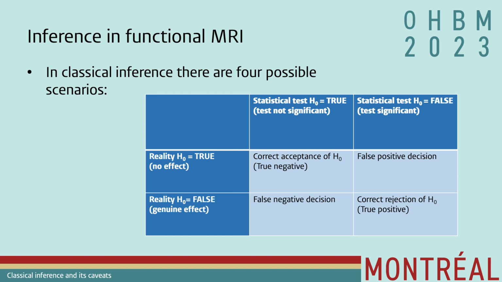We have no power to detect the real activation. There could also be the case that our statistical test says that there is an effect, while in reality there is no effect. This is what we call a false positive decision. It means that we decide that our voxel is active, that there is a difference between the groups, while in reality there is none. And this last one, the false positive decisions, these are the ones that we want to avoid making as much as possible.